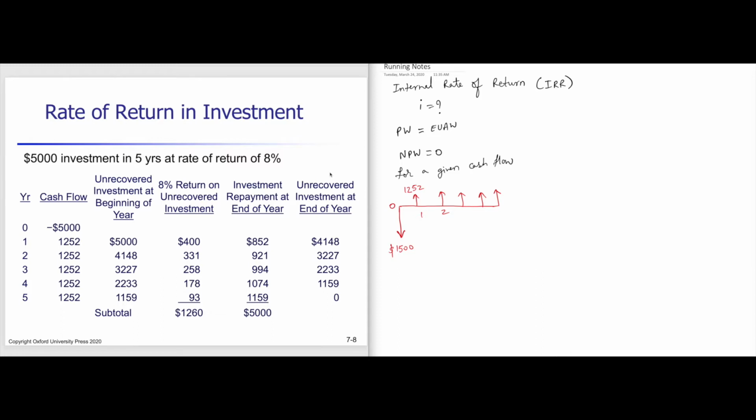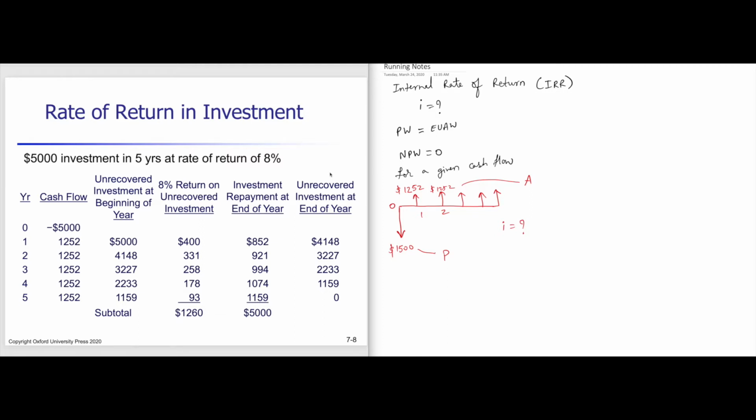So if this is what the bank asks us to pay for the next 5 years, and let's say I give you this cash flow for all of them. This is A, and this we can say is P. What is I for this cash flow? When we calculate, we will get 8%.